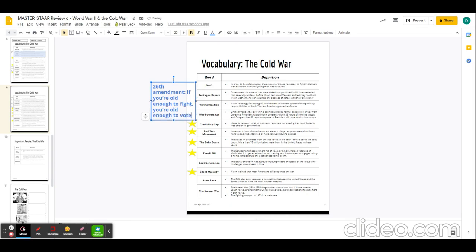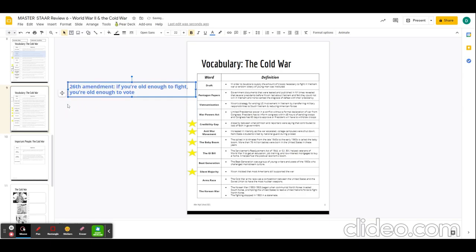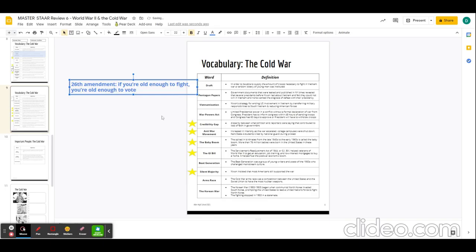This lowers the voting age from 21 to 18, and it was in direct response to the draft. Remember, the draft was highly unpopular amongst most of the American home front. Most people were not supporting the war by that point and were not in favor of the draft as well. So the voting age was lowered from 21 to 18 to match the draft age.